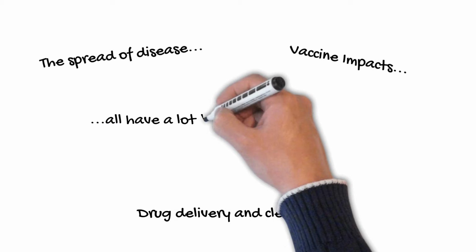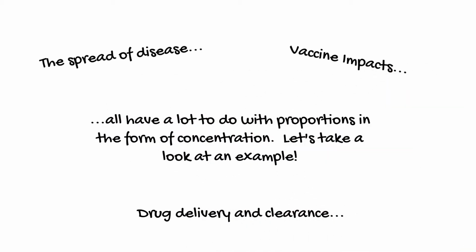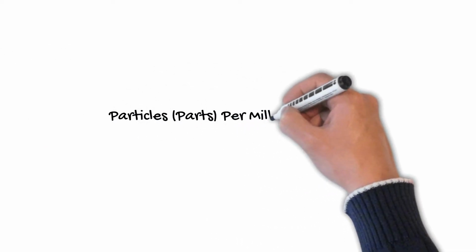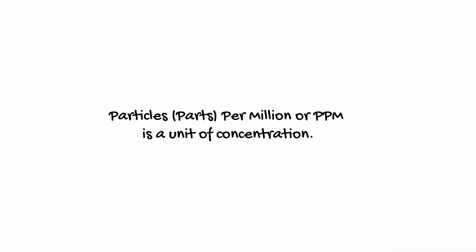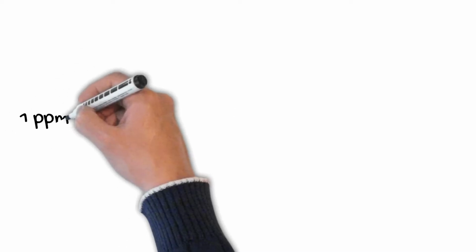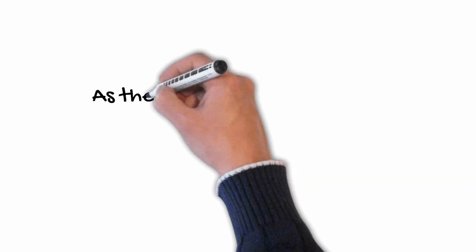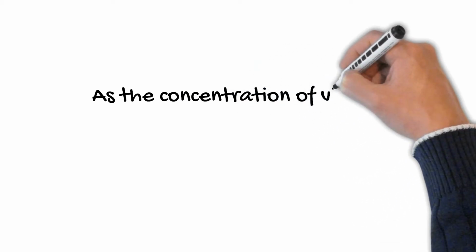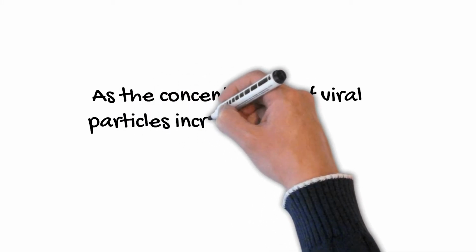In other words, if you have, say, in a room, we often talk about particles or particles per million or something. If you have, say, 1 particle per million, it's probably not going to be a major threat. If you have 100,000 particles per million, then there is going to be a much greater intensity and density of the disease in the room.